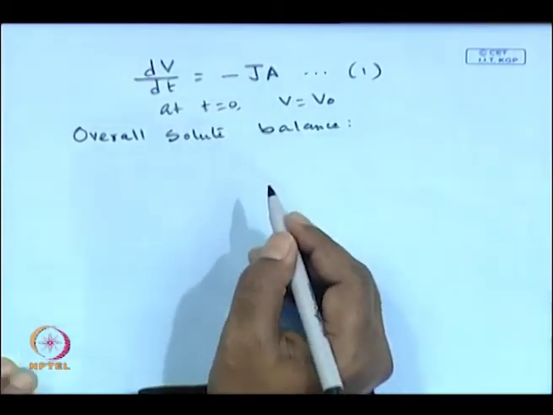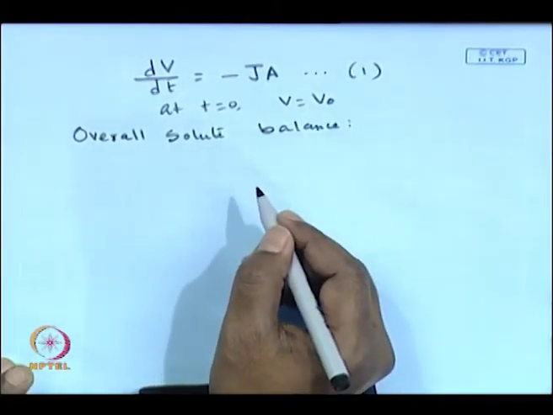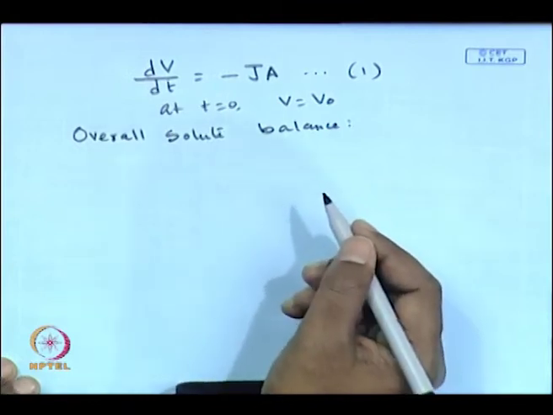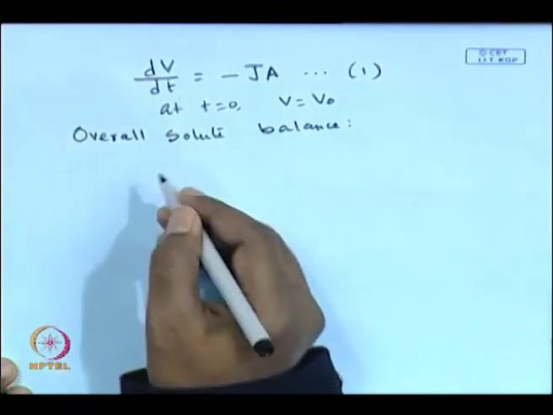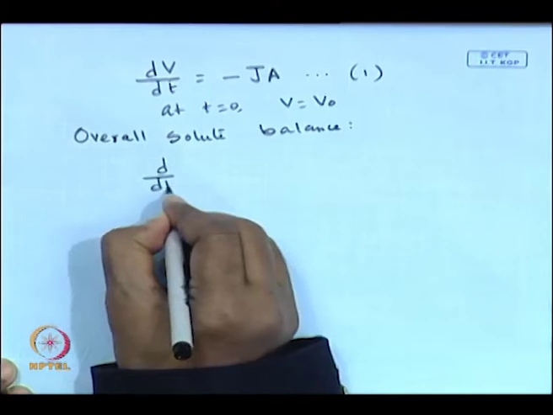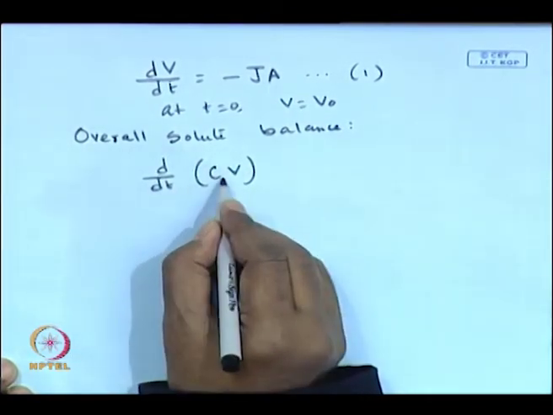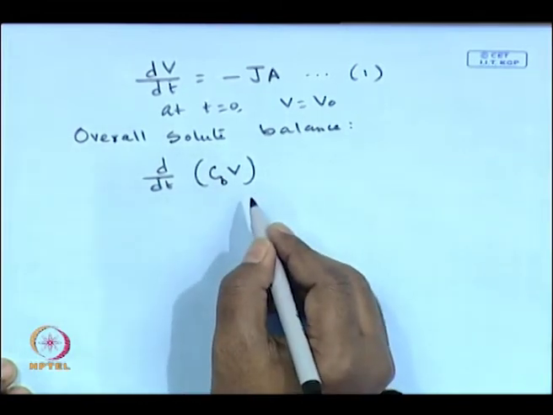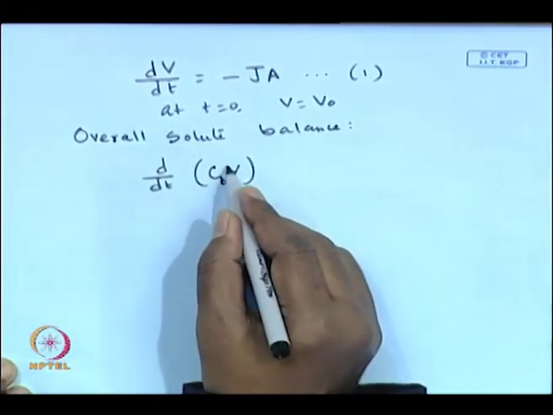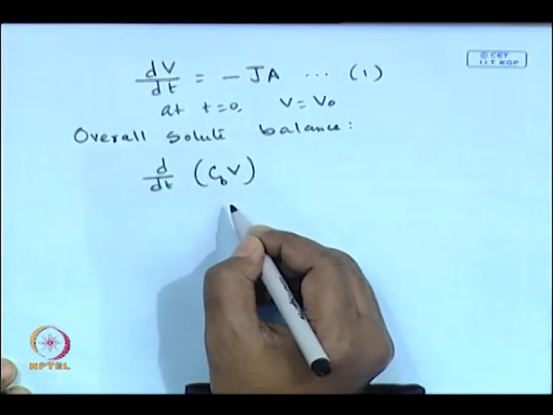Rate of accumulation is equal to rate of material, that is solute, that is going into the system, minus rate of the solute that is going out of the system. There is nothing going in. So, you will be having d dt of C times V. This is the concentration C bulk, let us say C bulk times V. V is the volume at any point of time, Cb is the concentration at any point of time.